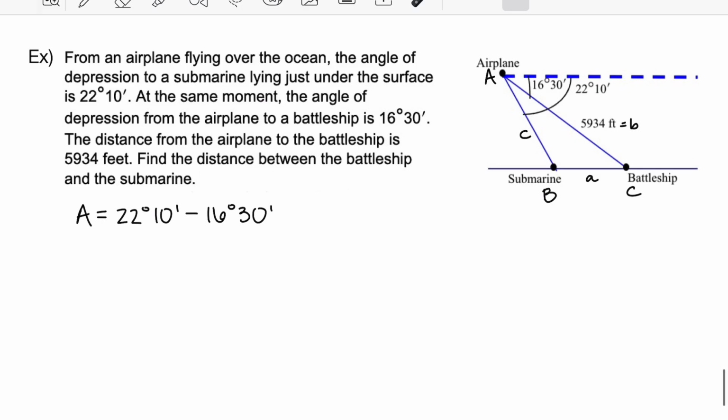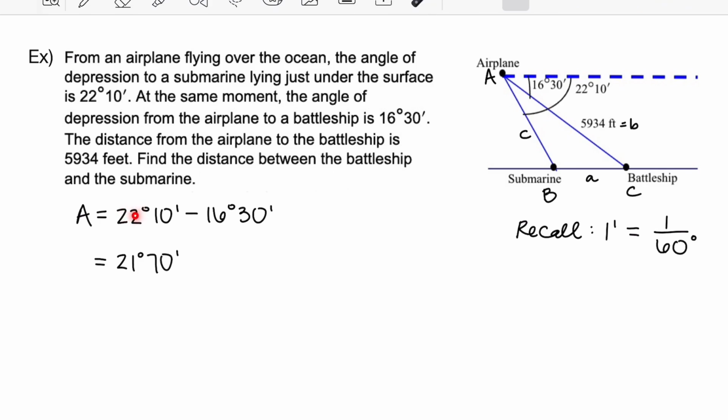All right. Now subtracting this out, we can use the fact, from previous sections, that 1 minute is equal to 1 over 60 degrees. So this means 1 degree is equal to 60 minutes. So I can rewrite this as 21 degrees and 70 minutes.